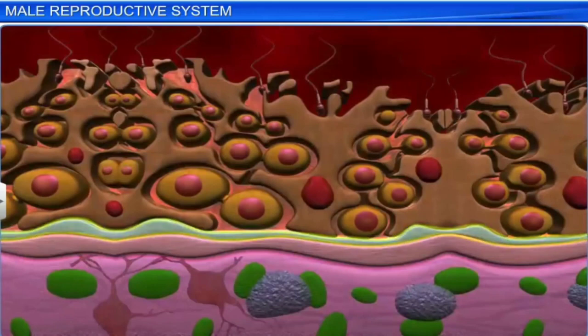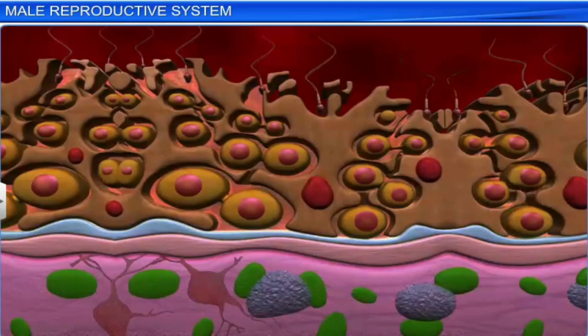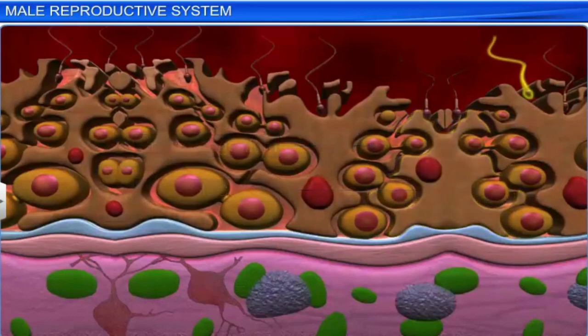The lining of each seminiferous tubule is called the germinal epithelium and contains the male germ cells known as the spermatogonia and Sertoli cells. The male germ cells undergo meiotic division to form mature sperm cells.